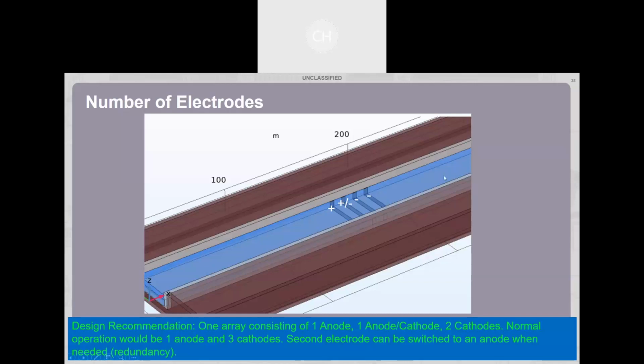The advantage is that it would give us redundancy if needed. As long as this is operational, this could be just held at ground. But if one of these was to go out, or there was an issue or maintenance, you would have redundancy there. You'd either have one anode with 3 cathodes or one anode with 2 cathodes, depending on the setup. That's really just done as a redundancy idea.